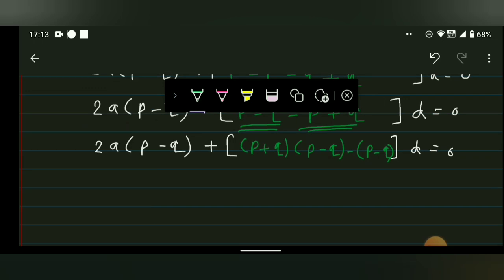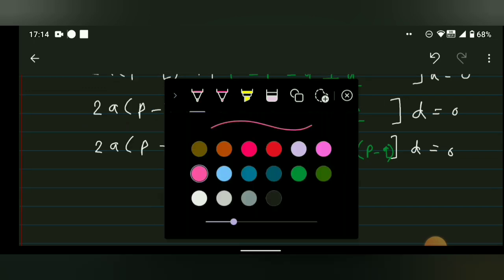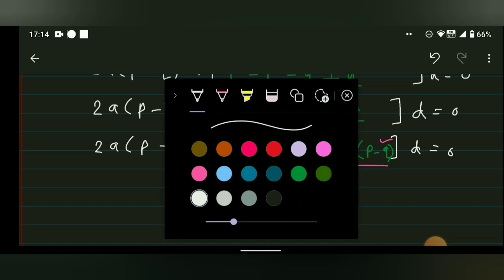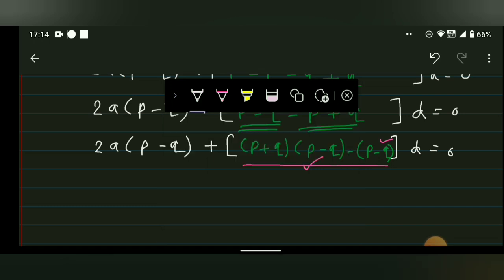Now if I consider the second bracket, we will observe that p minus q and p minus q is common to both the terms, so we can have again a common for the pair with d. So 2a in a bracket p minus q plus, one can see that d is already common, so there is another bracket as a common p minus q equal to 0.